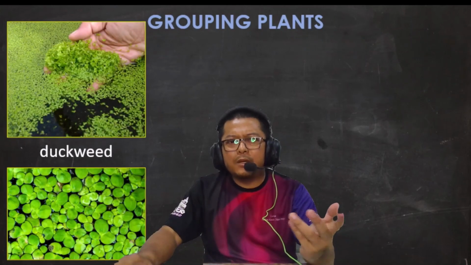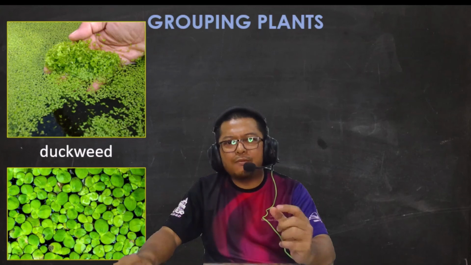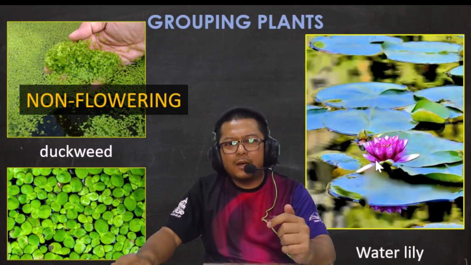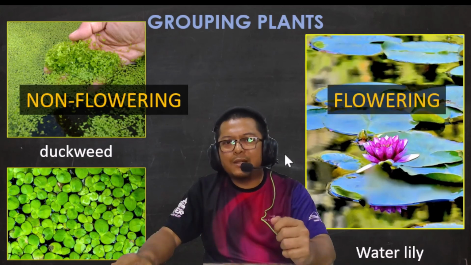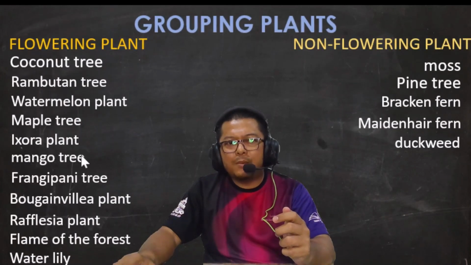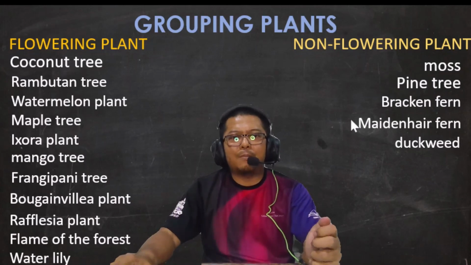Next, duckweed. Duckweed is green in color, and it does not produce flowers. It does not produce fruit. So it's a non-flowering plant. And water lily, obviously this is the plant and this is the flower, so you call that a flowering plant. So water lily will be placed in the flowering plant group, and duckweed would be in the non-flowering plant group.